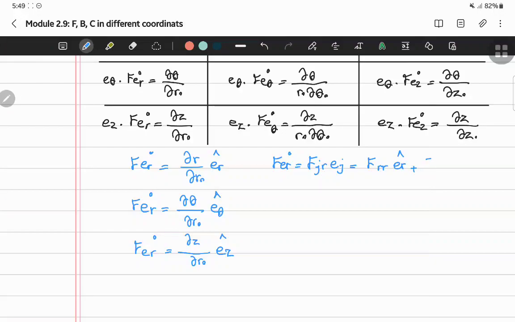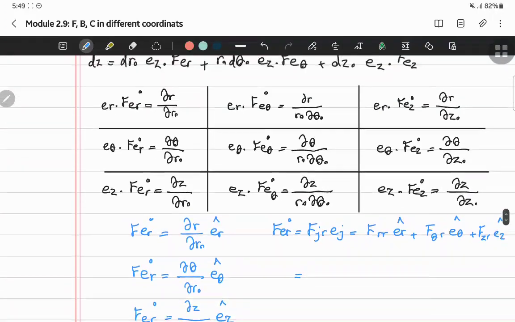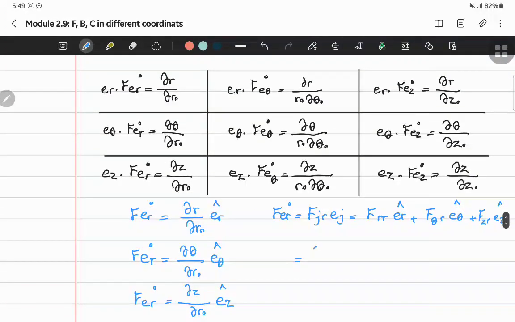F_rR is this one, the partial derivative of r with respect to R0, e_r, plus F_thetaR, which is this one, the partial derivative of theta with respect to R0, e_theta, plus F_zR, which is this one, the partial derivative of z with respect to R0.